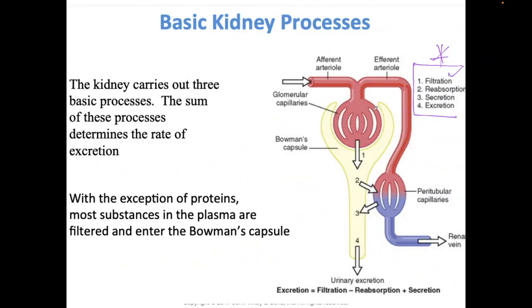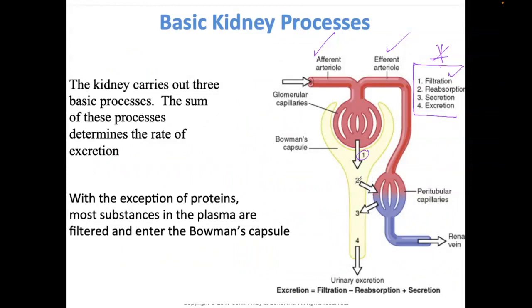And if you look at the numbers, it shows you right here, look at this, here's the afferent arteriole coming in into the glomerulus, and then here's the efferent arteriole leading away. It comes in faster than it can leave, and as it comes in, it allows for this glomerular filtration to take place, which is number one, the glomerular filtration.